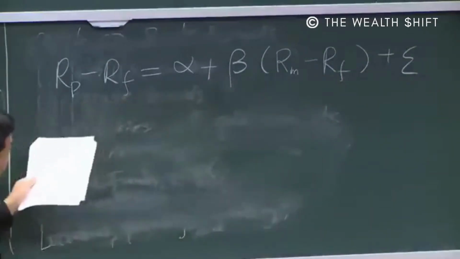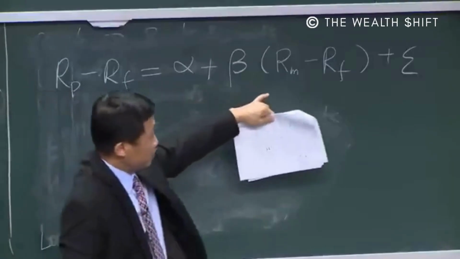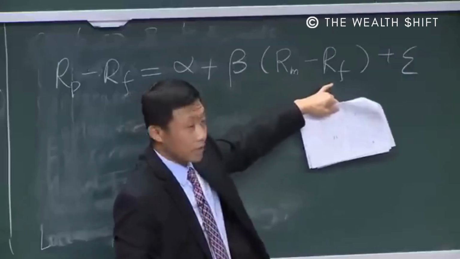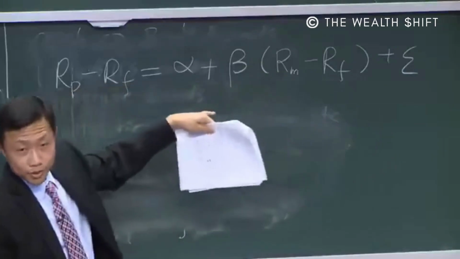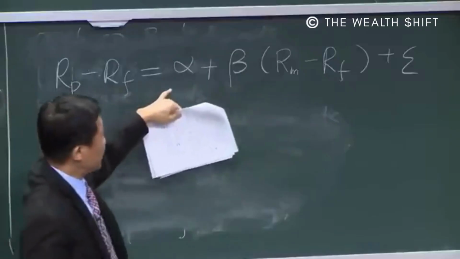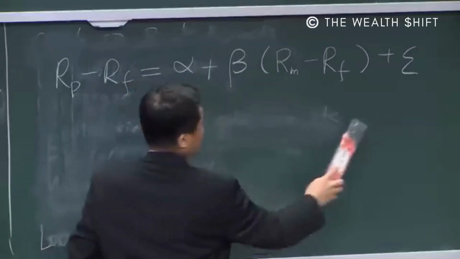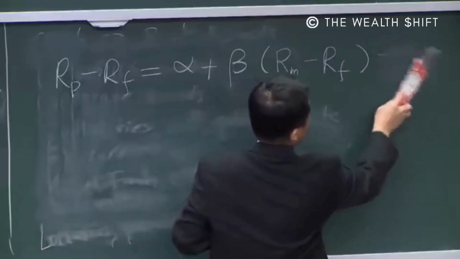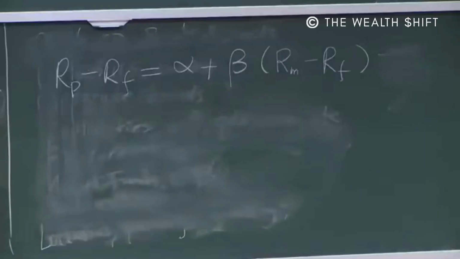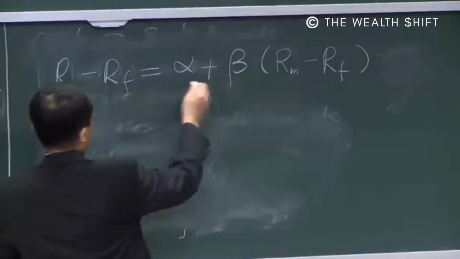So that's your portfolio return. This is your benchmark return, R of M, expected return. This RF is the risk-free return, so essentially your cash return, and the alpha is what you can generate additionally. So let's not worry about these other terms, or not necessarily small, but for simplicity, I'll just reveal that. So that's your beta.